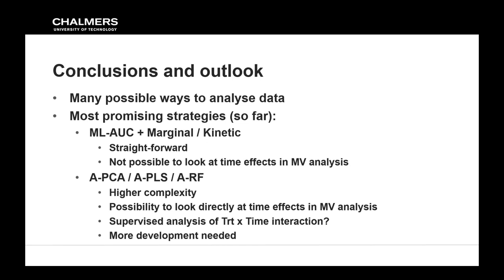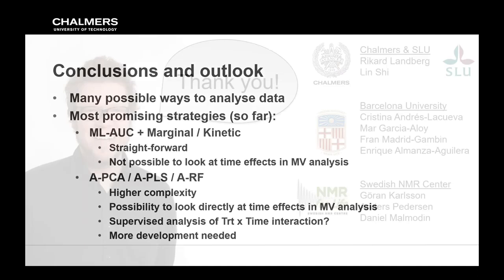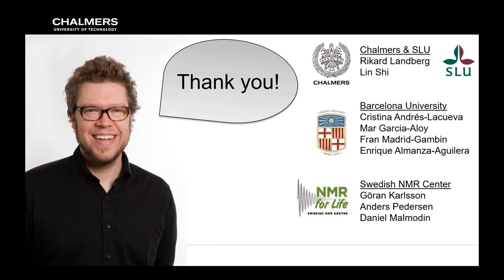And then there's the ANOVA decomposition, which can be done unsupervised in the form of PCA or supervised in the form of PLS or random forest. So we can look at higher complexity directly in the multivariate analysis. But the supervised analysis of the treatment time interaction is slightly complex, so we need more development to enable us to do that.